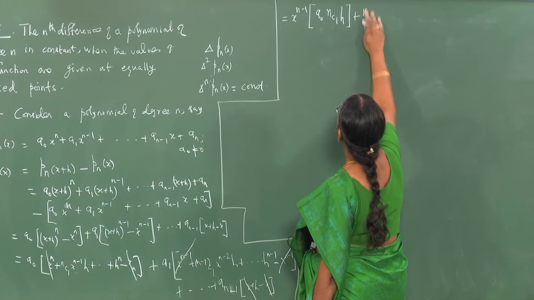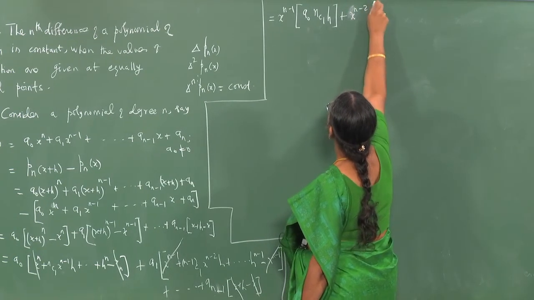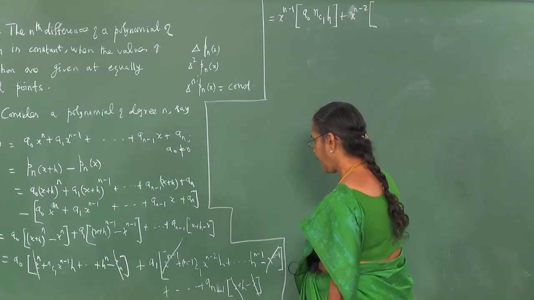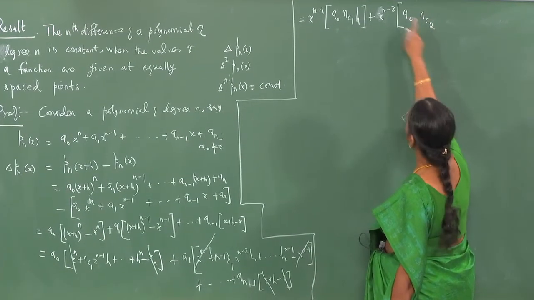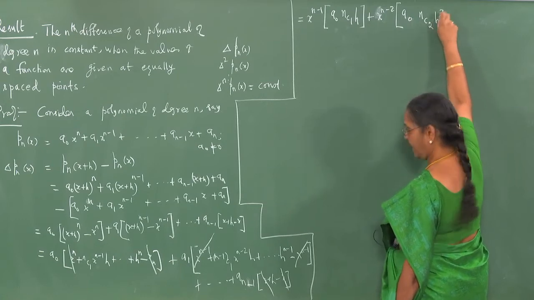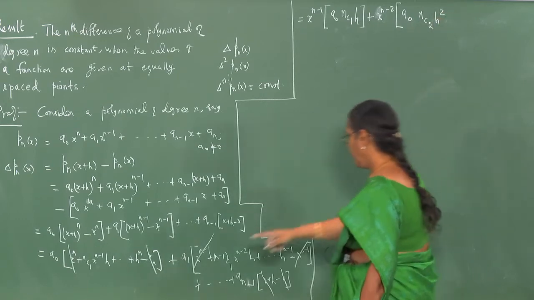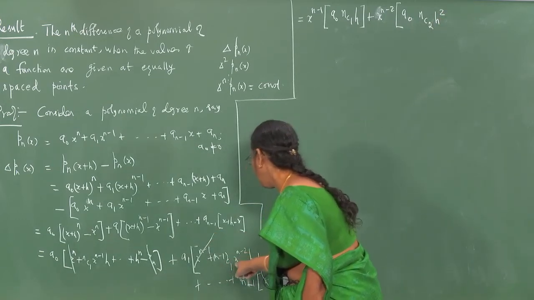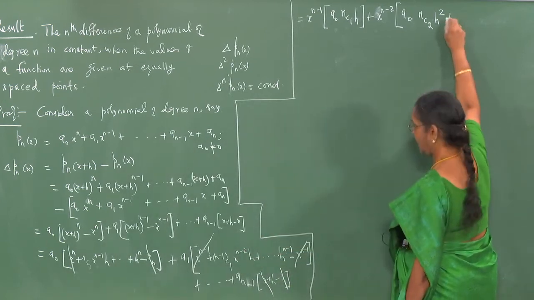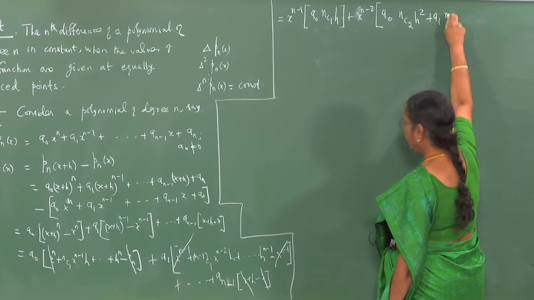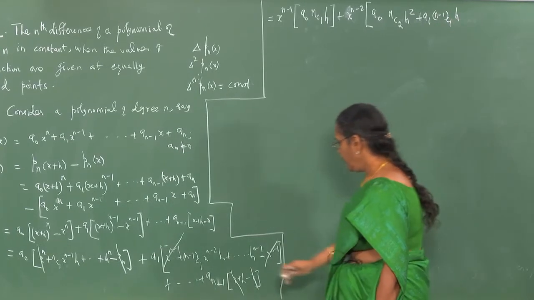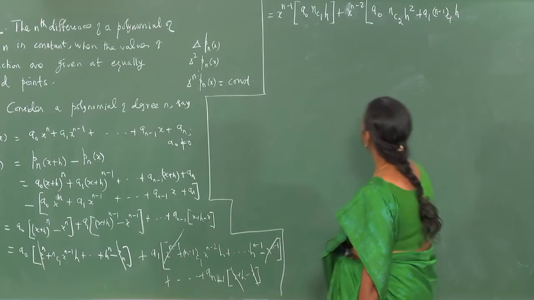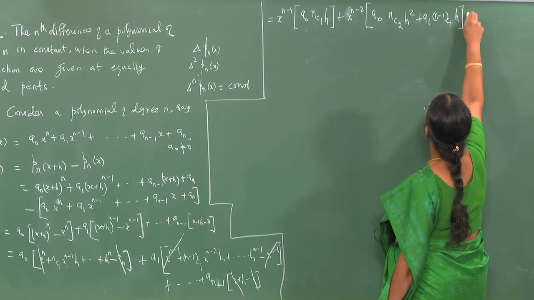So, let us collect x to the power of n minus 2 term. A naught into nc2 x power n minus 2 into h square. And you also have a x power n minus 2 term coming from here, which is a1 n minus 1 c1 into h. You do not have x power n minus 2 terms anywhere else.